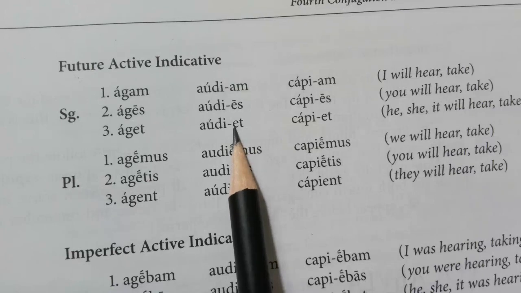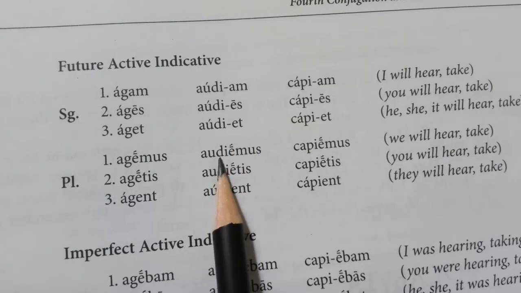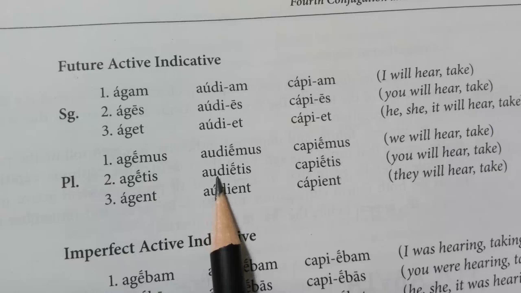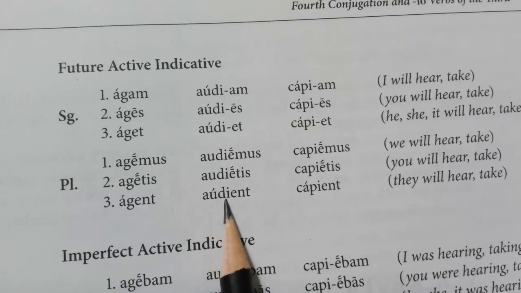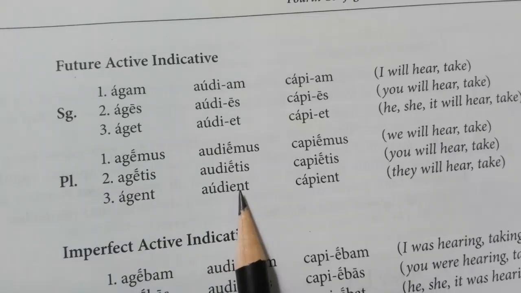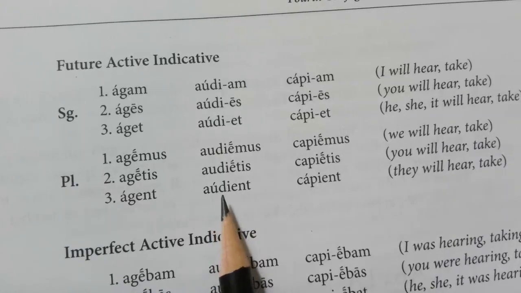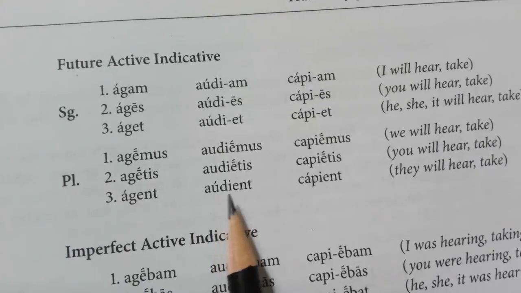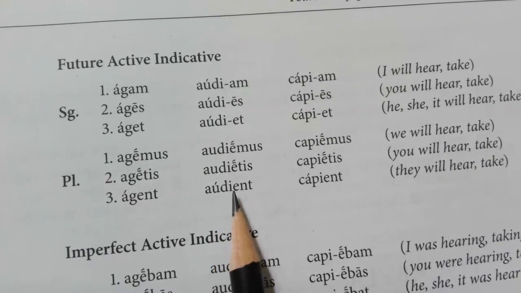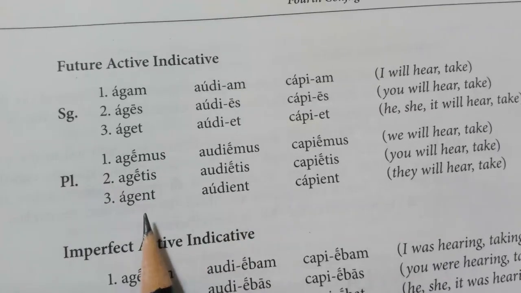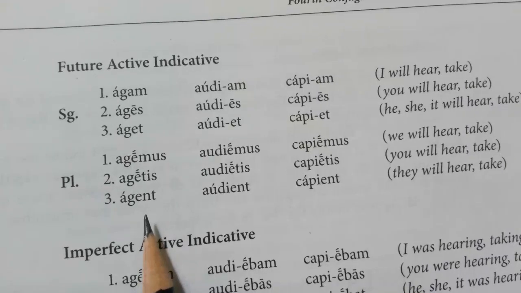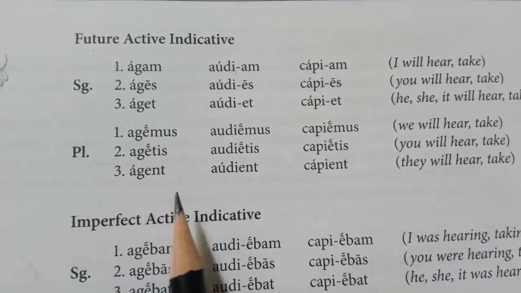Okay. And audiemus, audietis, audient. Okay. So it's not audent, it's audient. Okay, so that I stays in the fourth conjugation, unlike the third conjugation proper. I know I'm being redundant. I hope it is being helpful to you.